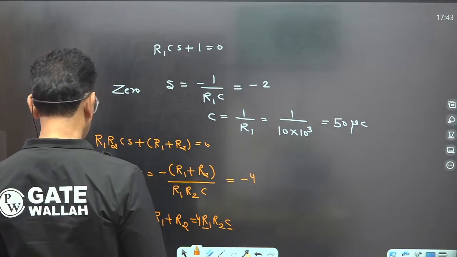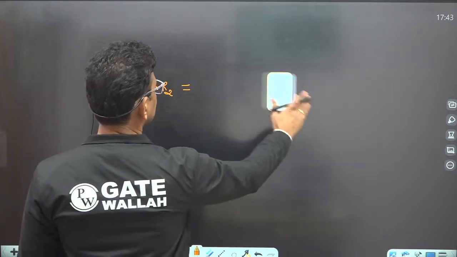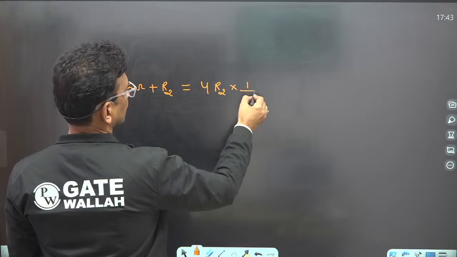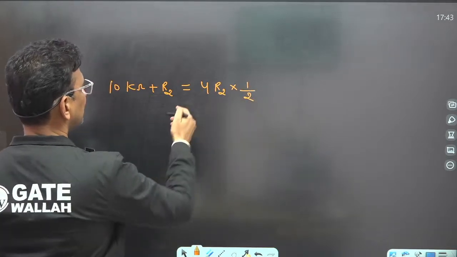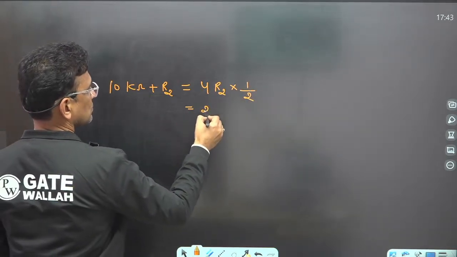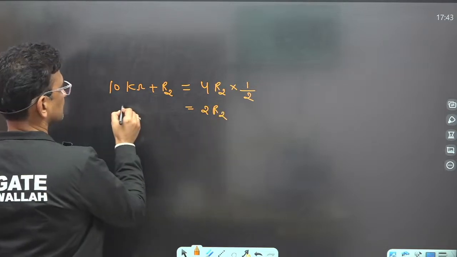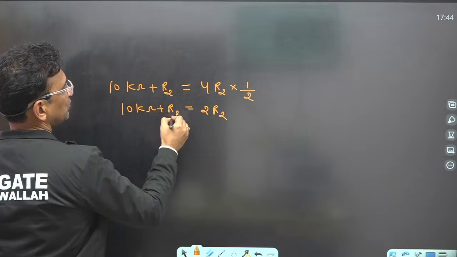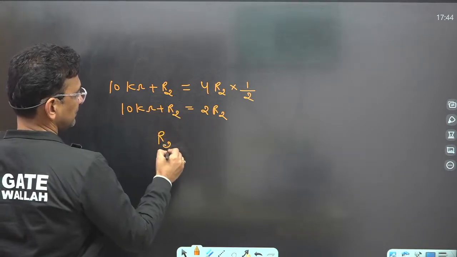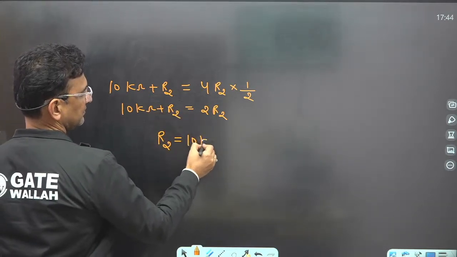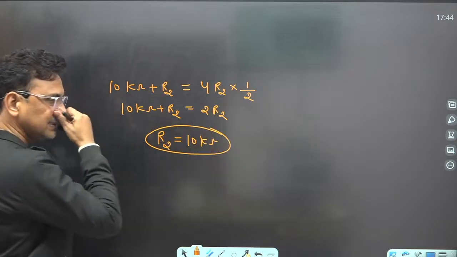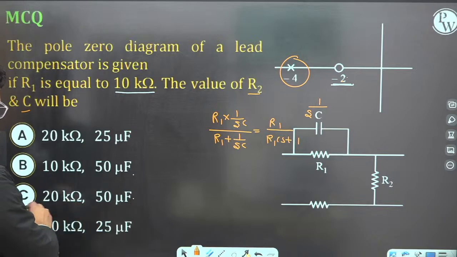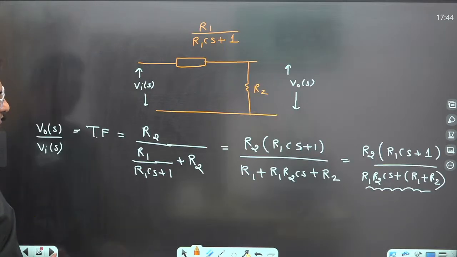So 4 R2 into 1 upon 2, so it becomes 2 R2. 2 R2 minus R2, so R2 is equivalent to 10 kilo ohm. So 10 kilo ohm and 50 microfarad. D is the right option.